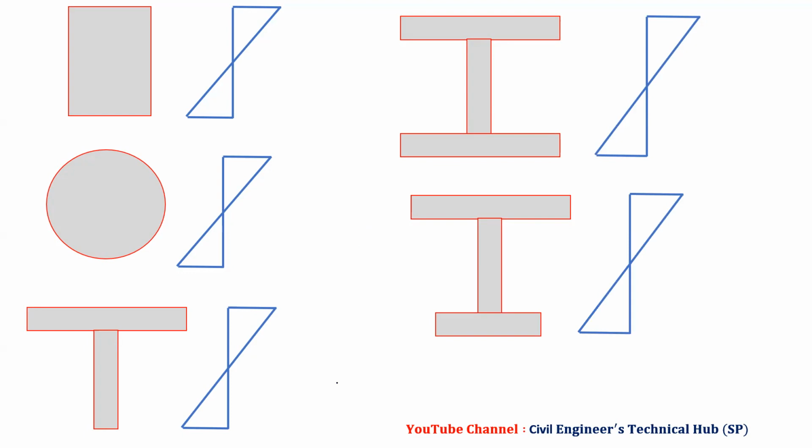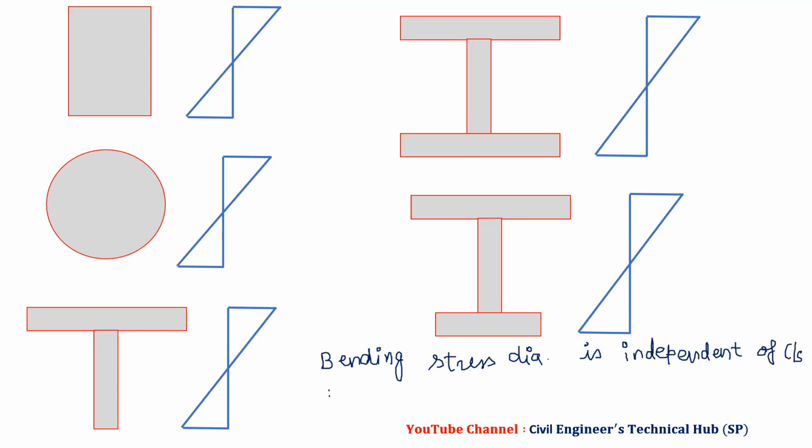What does it mean? Bending stress diagram is independent of cross section, or the bending stress diagram is the same for all cross sections.